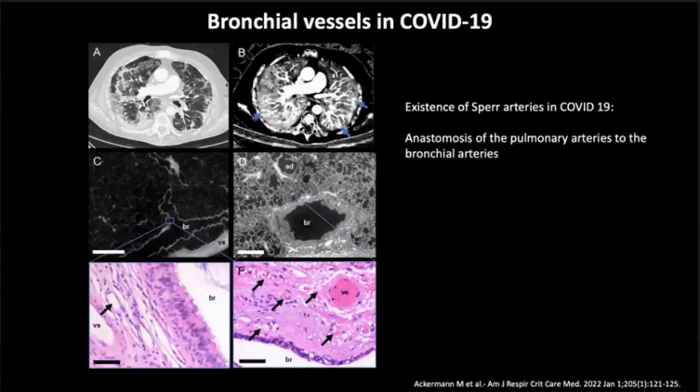I will not go into too much detail about the exact function and anatomy of this, but you can see things that we, with normal available technology, fail to see. We need this 3D information, and we need this contrast inside the vasculature to be able to extract that kind of information and to be able to quantify and investigate that in more detail.